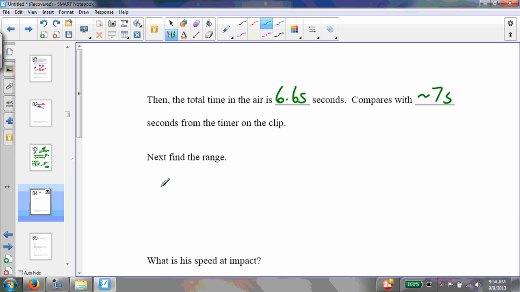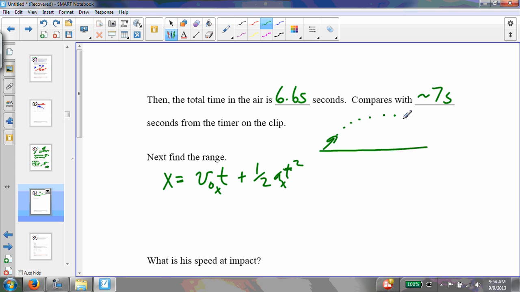All right, so next we can find the range. Well, let's find the horizontal range. x is going to equal v0x t plus 1/2 ax t squared. And just to remind you, we're looking for this distance, x. The acceleration in the x direction for projectile motion is always equal to 0.